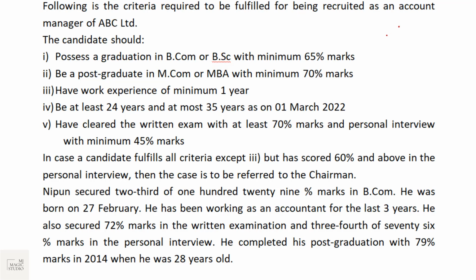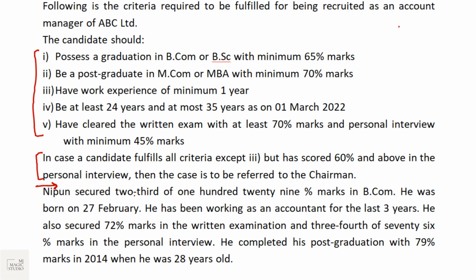In these types of eligibility test questions, we need to see the eligibility criteria, special criteria if any, and then we need to read the condition of the candidate. The candidate should possess a graduation in BCom or BSc with minimum 65% marks.